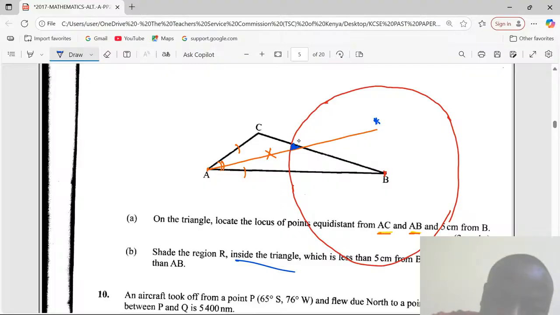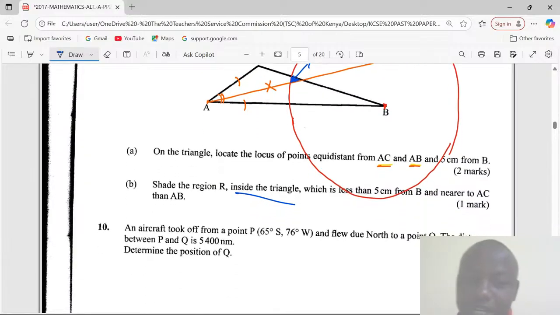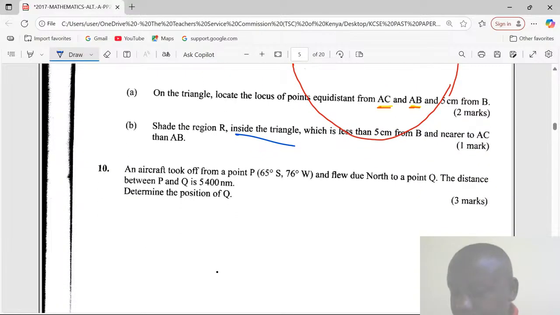This is our region R. The points which are less than 5 centimeters from B, and also nearer to AC than AB, which means the upper side. That is the small region which the examiner wanted to see people shading. A very good question on locus.